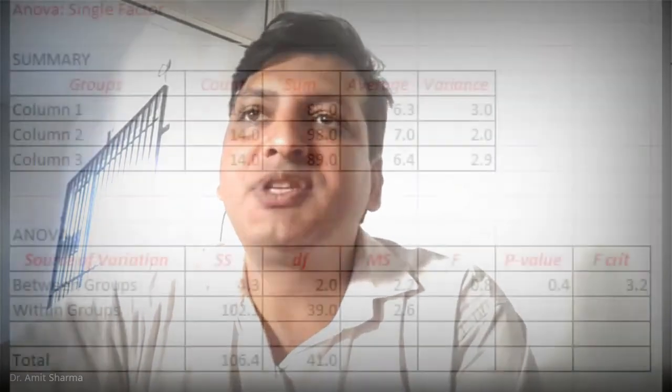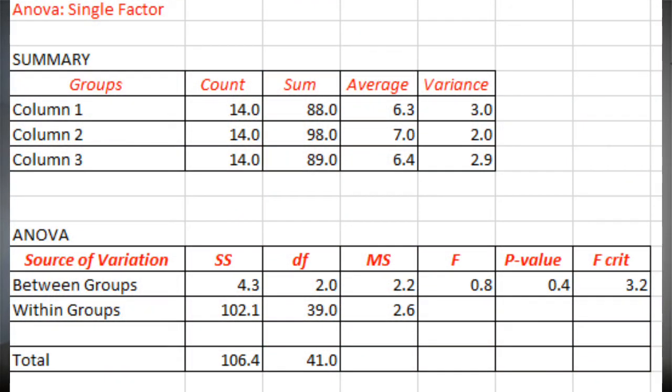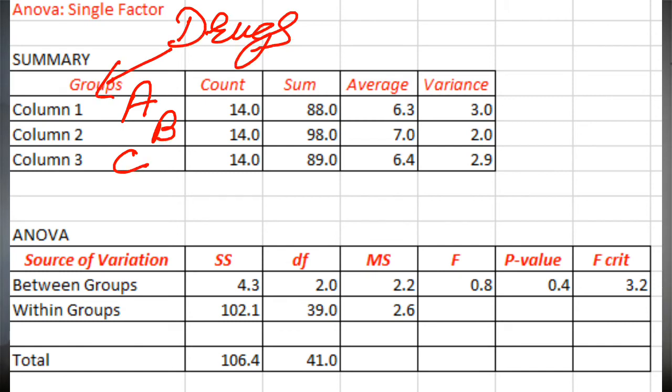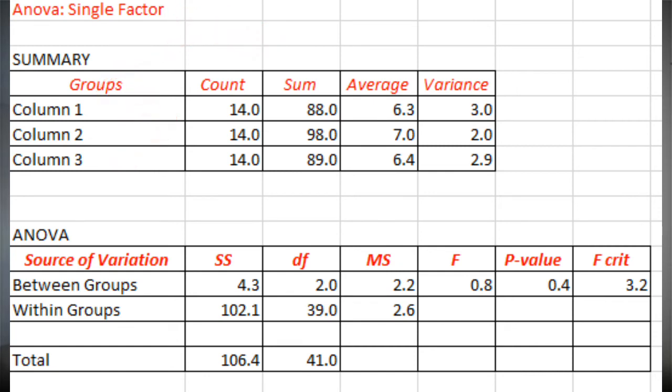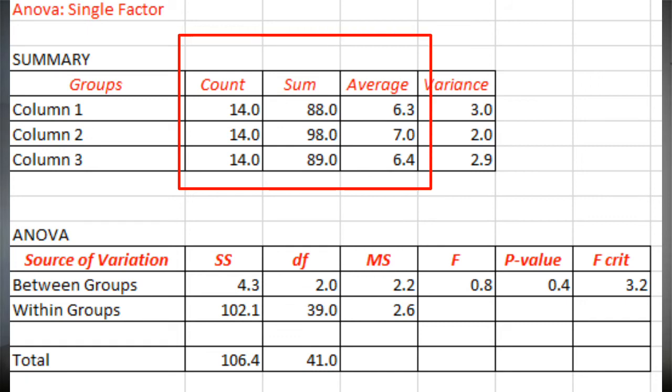So you can see that the first column is representing drug A, the second column is representing drug B, and the third column is representing drug C. And here in each of the groups we have 14 samples, and the sum of each group was, first group 88, second group 98, and third group 89.